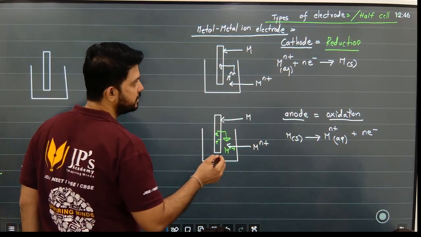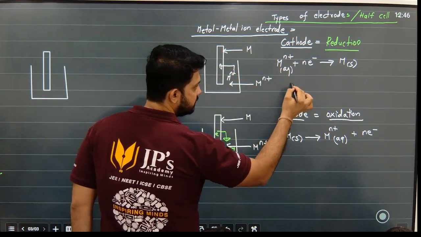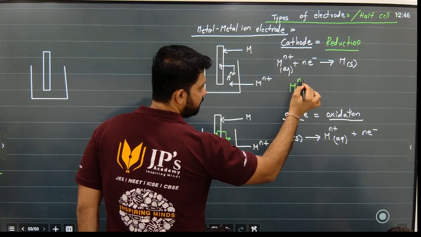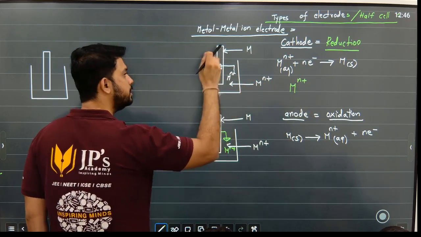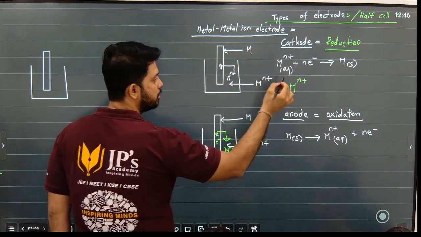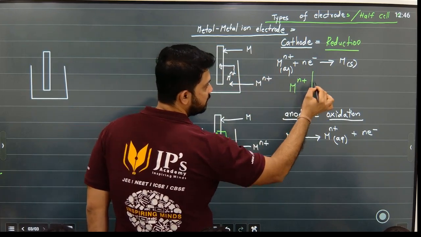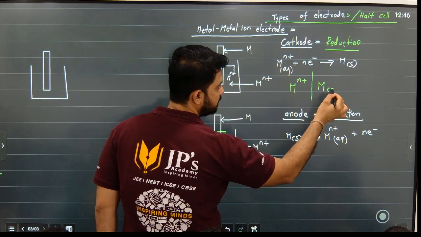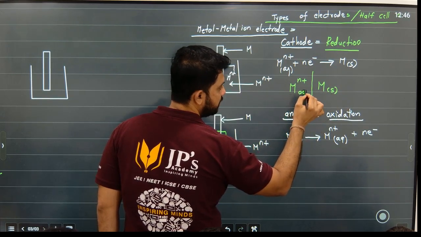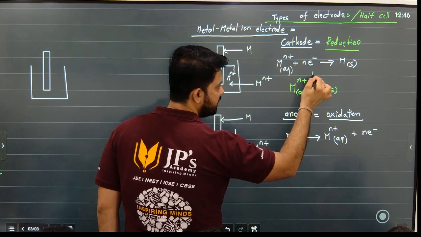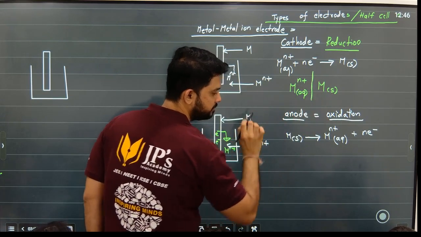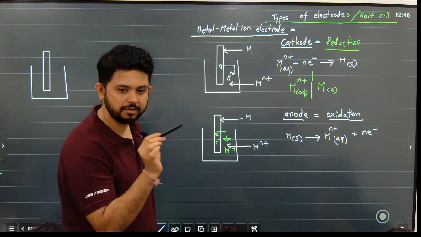What do I mean by represent them? You started with Mn+, which got deposited on the rod: M n+ aqueous to M solid. What does this single line represent, people? Change in phase.